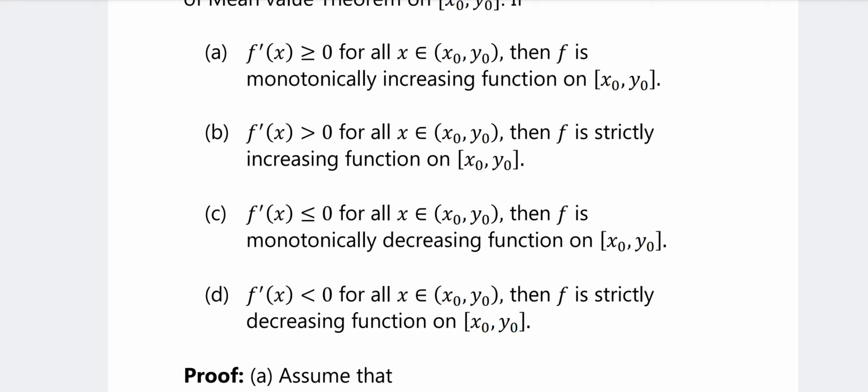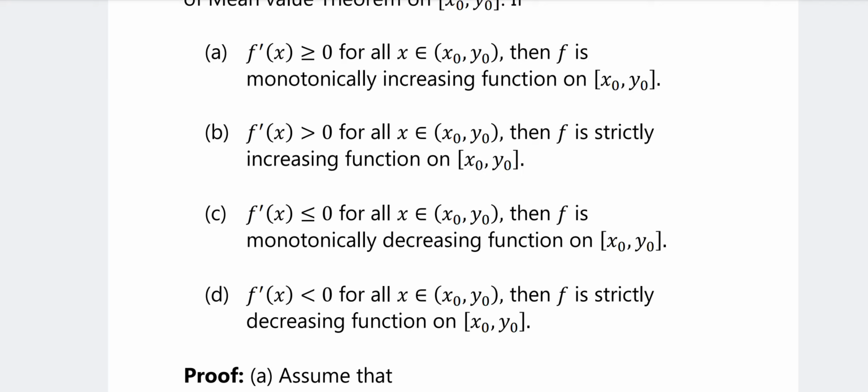Part B: if the derivative is strictly greater than 0, then f is strictly increasing on [x naught, y naught]. Part C: if the derivative is non-positive on (x naught, y naught), then f is monotonically decreasing on [x naught, y naught].